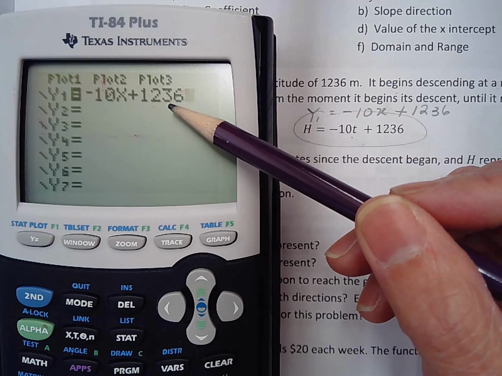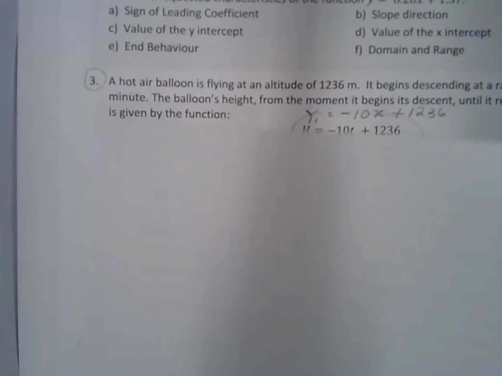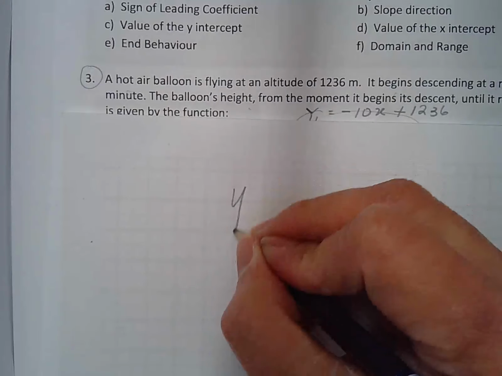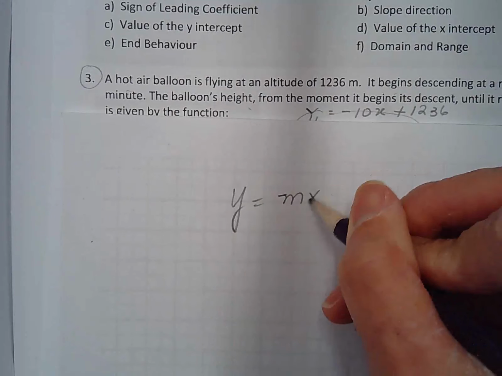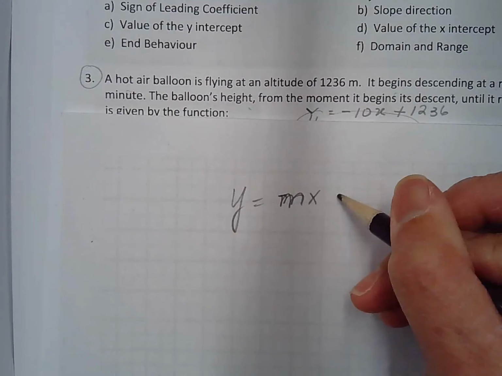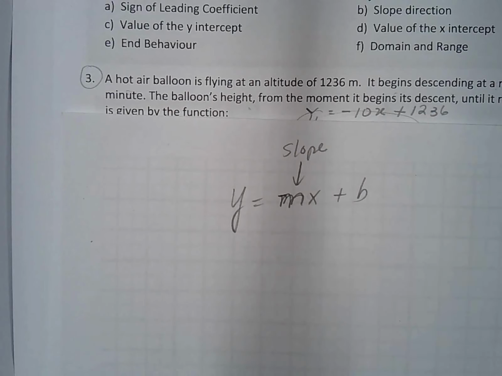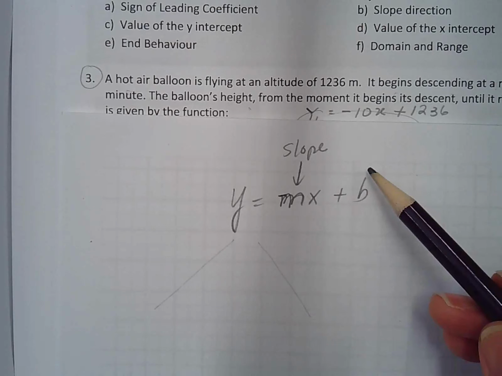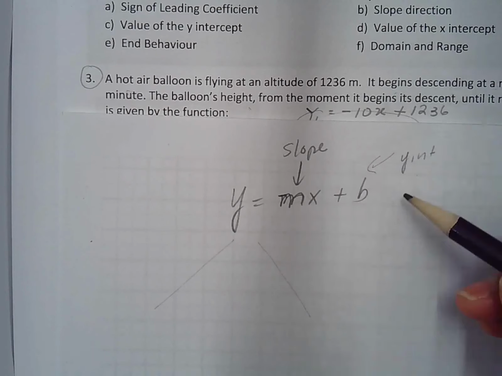We said last time that in the equation mx plus b, m is the slope of the line. That tells us the direction, if it's increasing or decreasing. And then b tells us the y-intercept, where it crosses the y-axis.